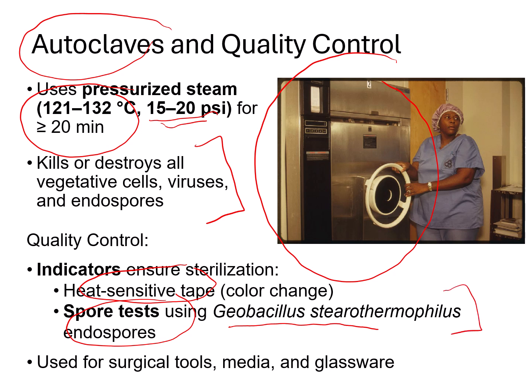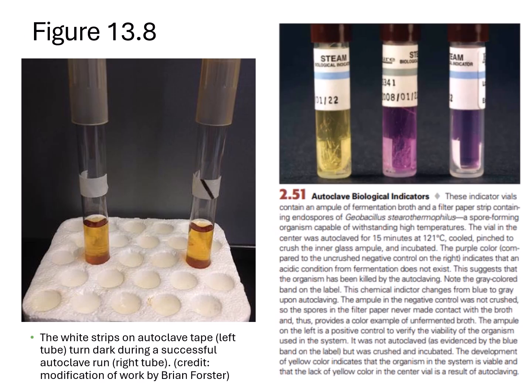So autoclaves are essential for sterilizing surgical instruments, the media that we use in our labs, and glassware in lab as well. Here on the left, we can see an example of the heat-sensitive tape. Here's the tape before we autoclave, and then afterwards, we know that the autoclave has met that minimum temperature, for example, 121 degrees Celsius.